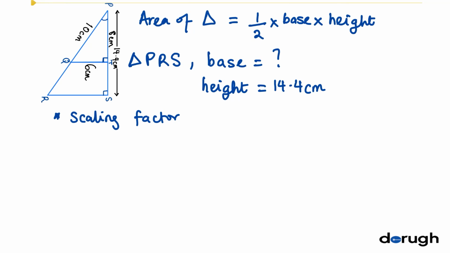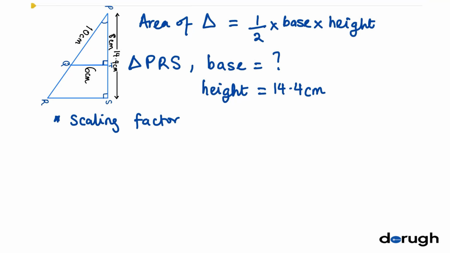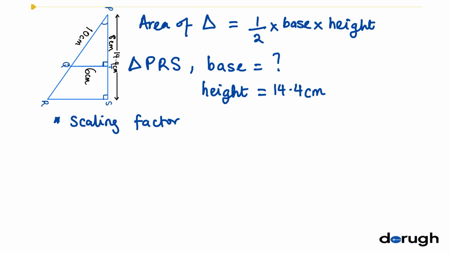So we're going to get the scaling factor for our shape here. And that's basically 14.4 centimeters divided by 8 centimeters. And that gives us a scaling factor of 1.8.